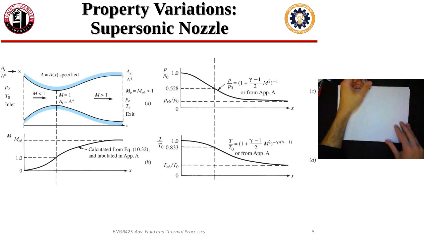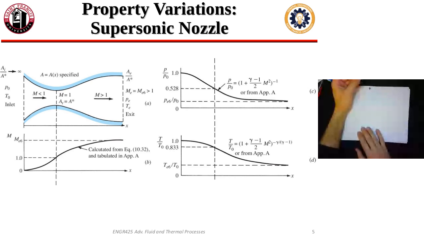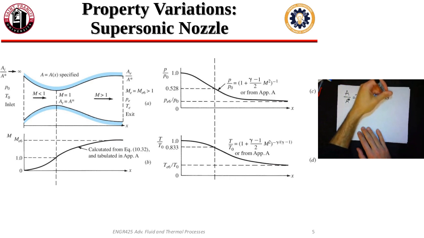At the same time, if I look at going from the throat to the exit, it's the same thing. I just have to look on the table for the Mach number where A over A star equals 2. Turns out that's Mach 2.2.